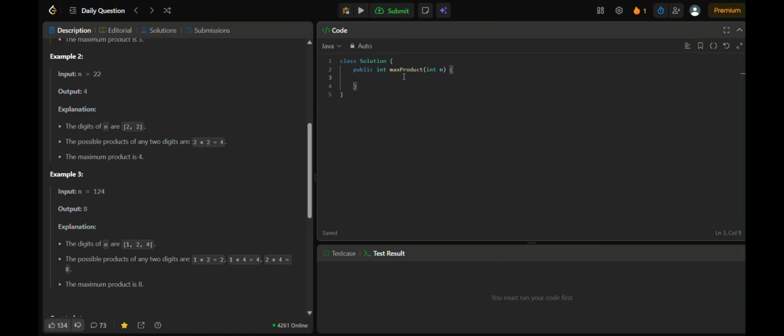So I think this is an easy problem, so we're going to write it directly in the console. Okay, I'm going to take the variable max as the integer minimum value. I'm going to take the second max value the same as the max value.